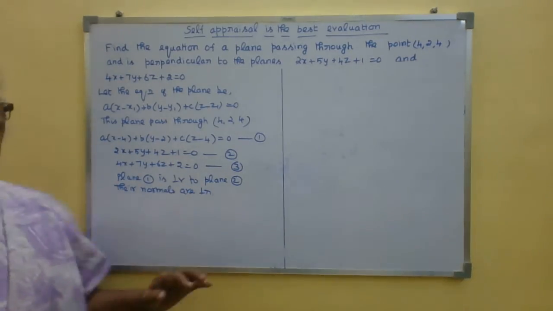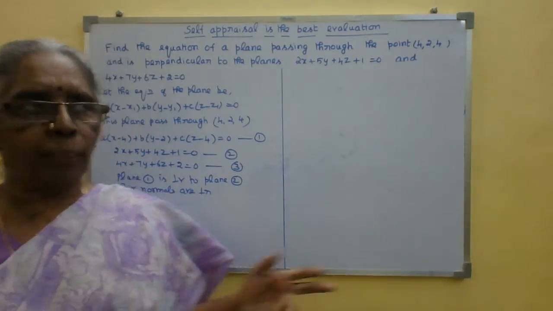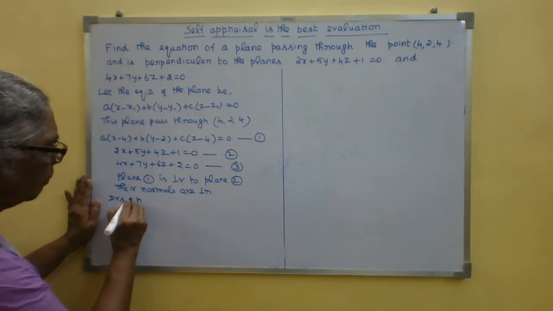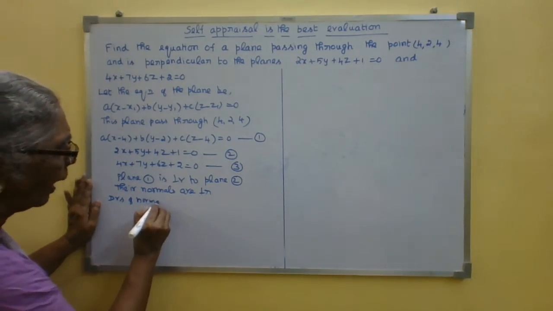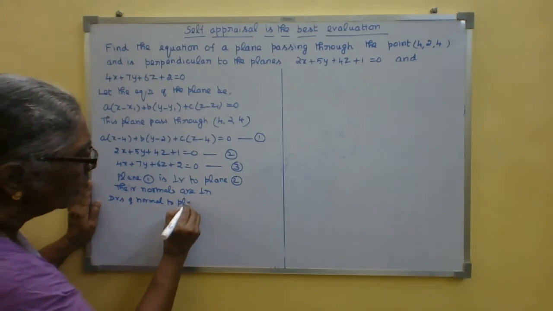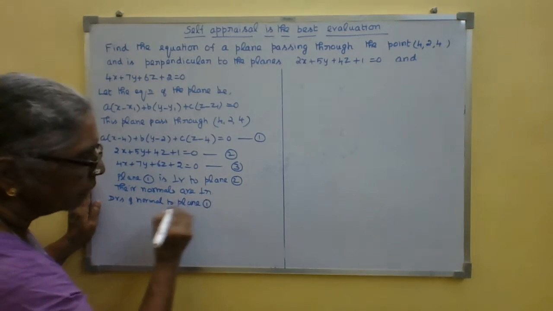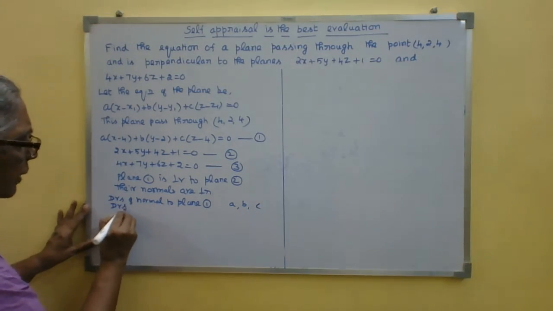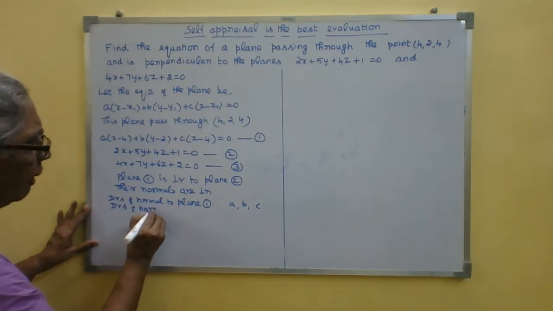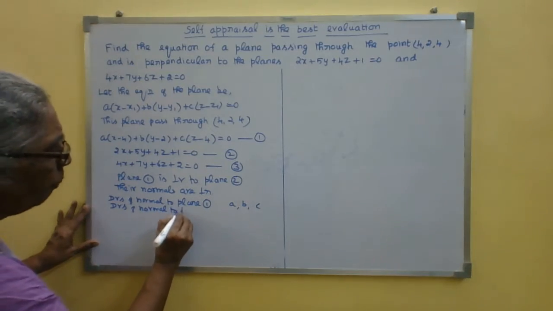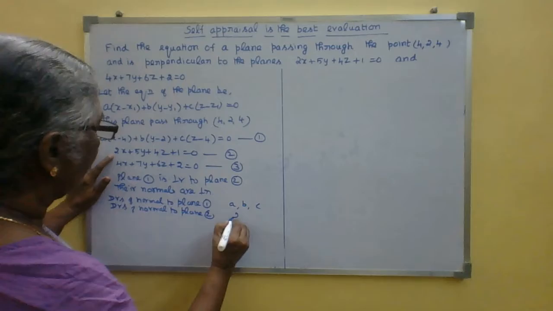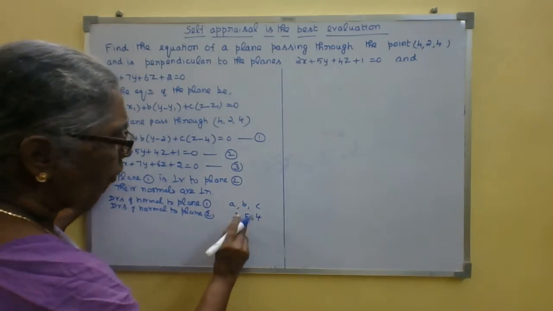Let us write the direction ratios of the normals. The DRs of the normal to plane 1 are a, b, c. The DRs of the normal to plane 2 will be 2, 5, 4.